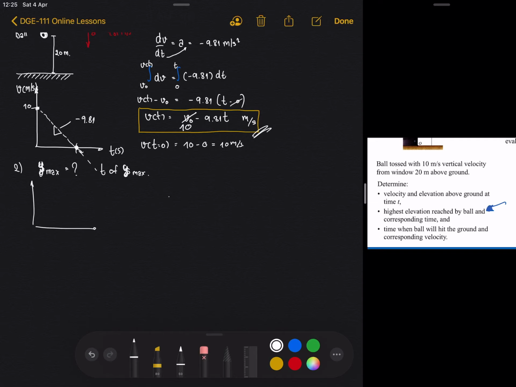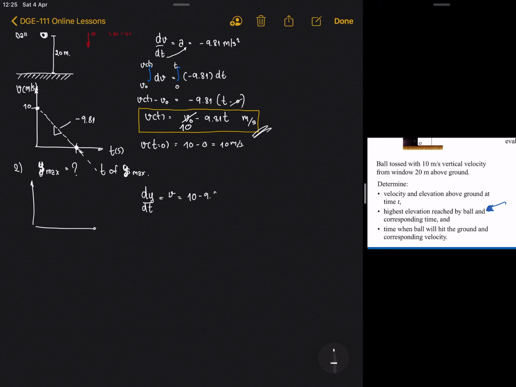Okay, so you know already that dy over dt is equal to velocity. So the differentiation of the displacement is equal to velocity, and the velocity is equal to 10 minus 9.81t as above.